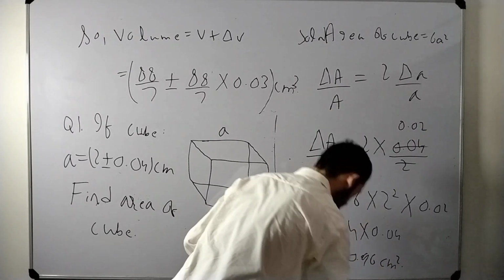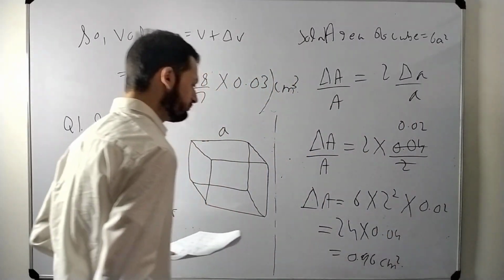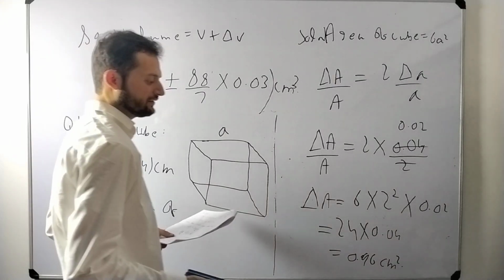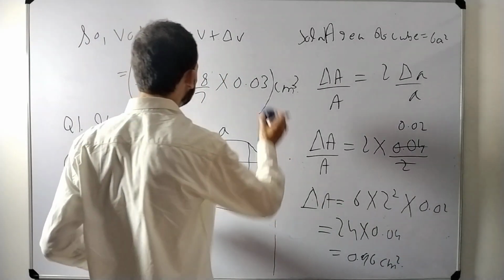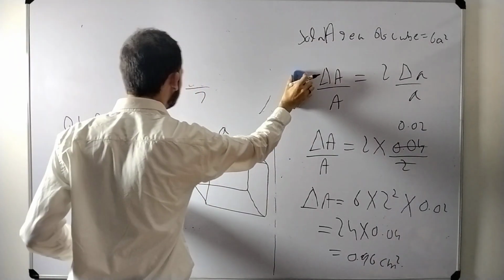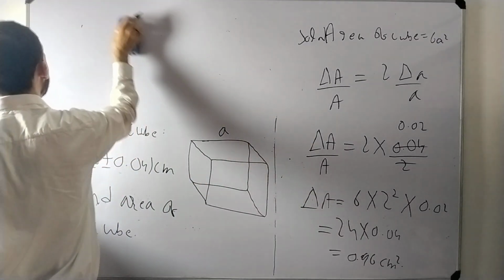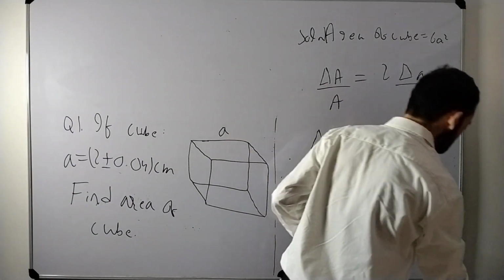centimeter square. What is the area, students, now? So area is 0.96 centimeter square. No, it is the error in the area. You have to tell me the area, total area with the error.